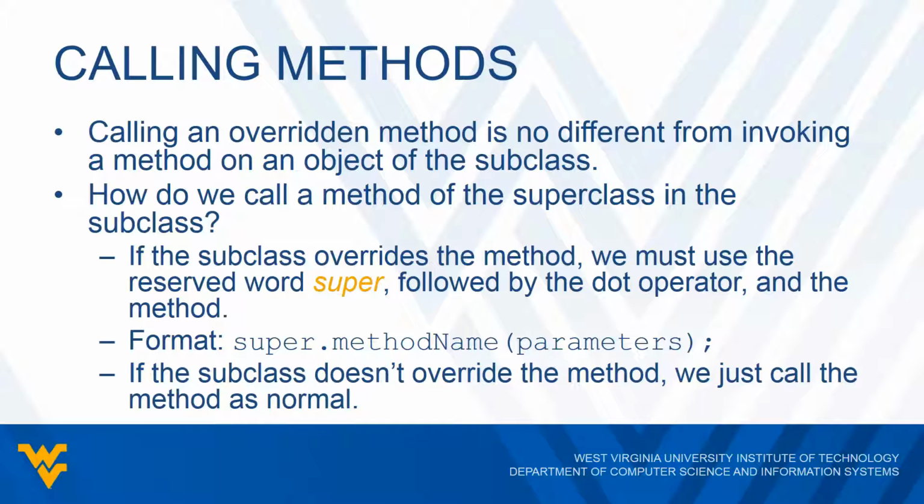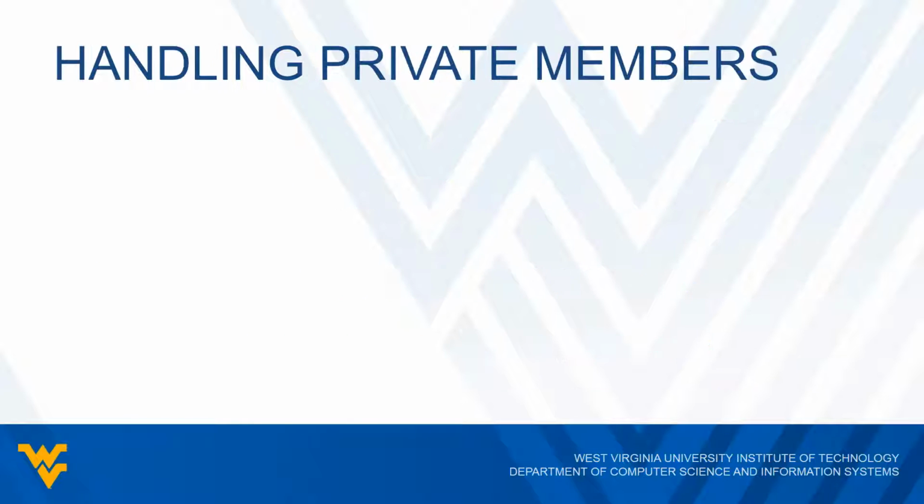Now, if the subclass doesn't override the method, then we just call the method as normal, because here we'd have two different methods. One doesn't override the other. So since it is inherited from the superclass, I can just do the name of the subclass object, a dot, and then the name of the superclass method. But if we do override it, we can use this keyword super to help us out with that.